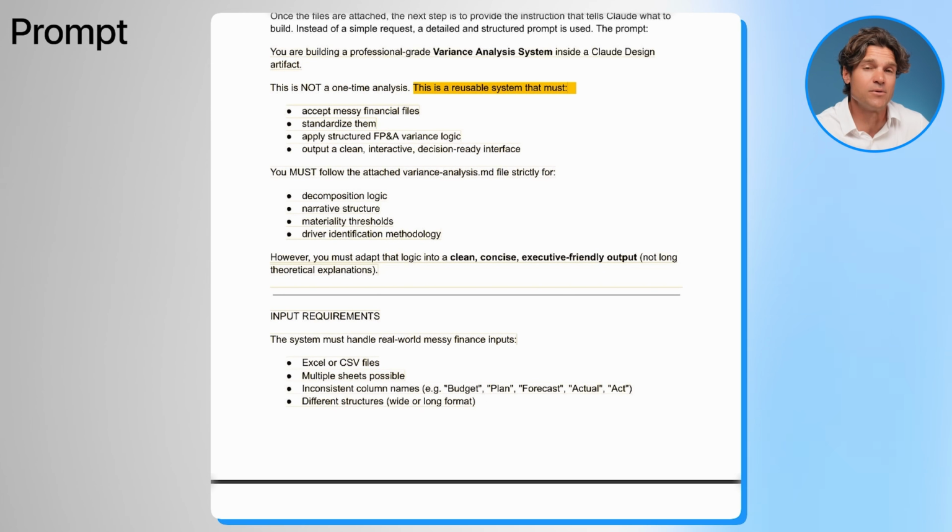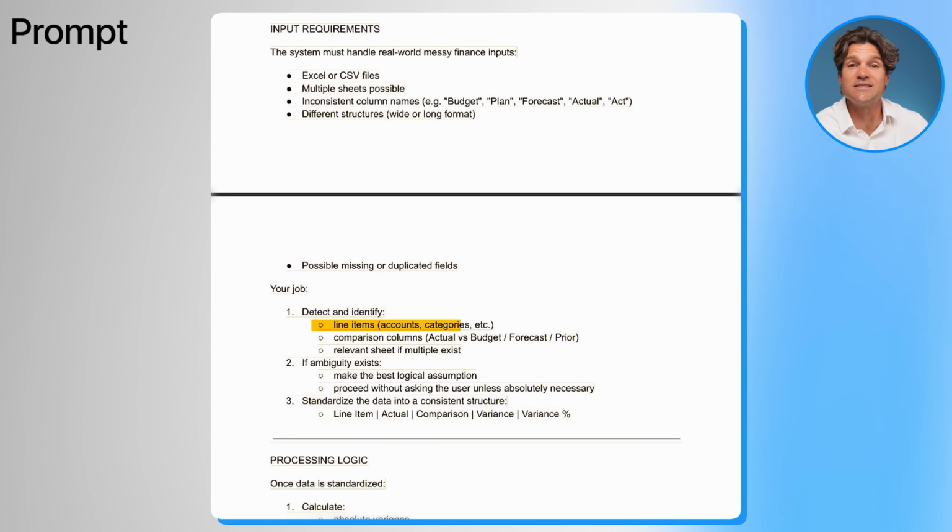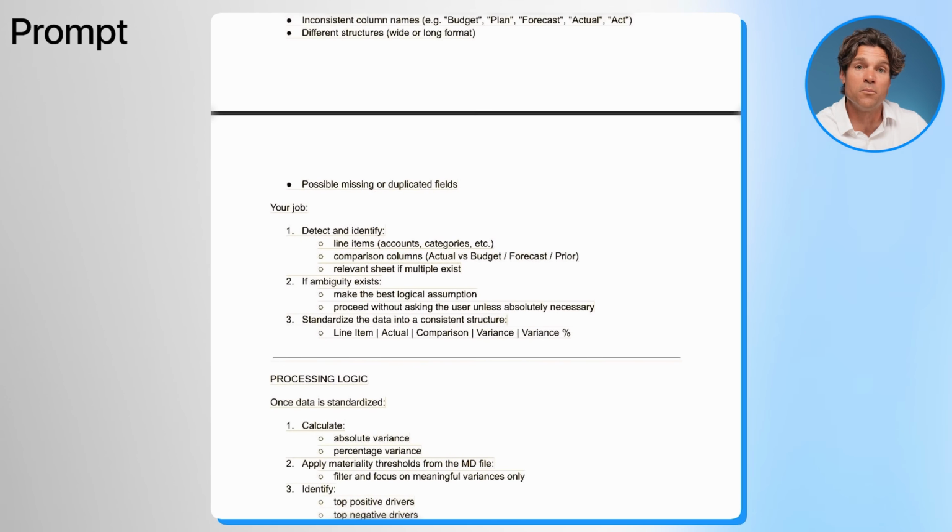The prompt here instructs Claude to construct a reusable application. It must accept messy financial files, detect line items and comparison columns automatically, and then apply the methodology from the markdown file.